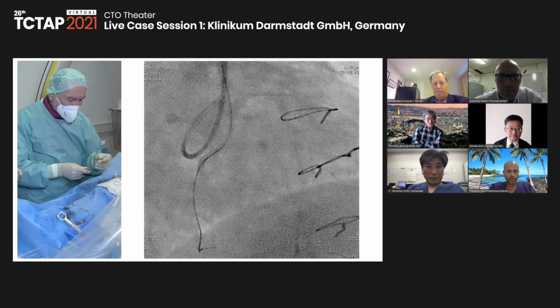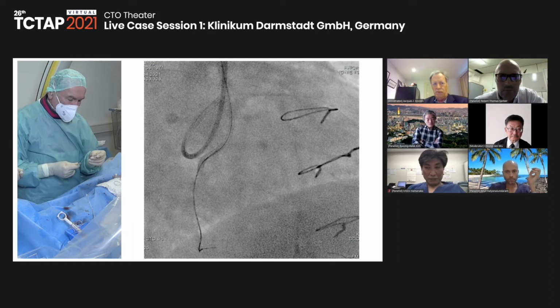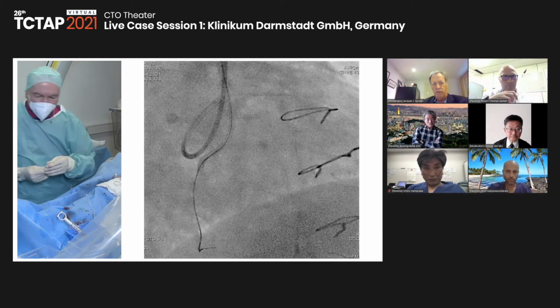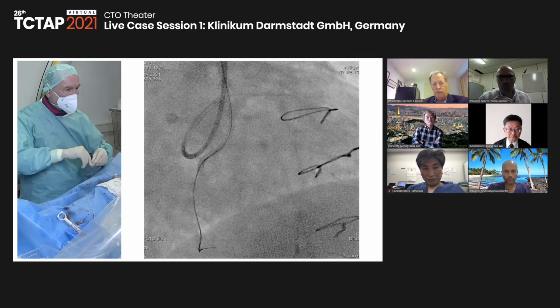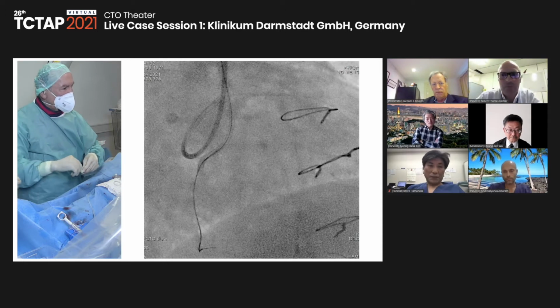I wouldn't use the Caravel if, we do 150 retrograde CTOs each year, 90+% with the Caravel. I wouldn't use it if it would break frequently, and I wouldn't use it if it doesn't follow.